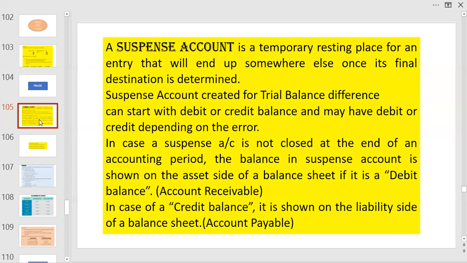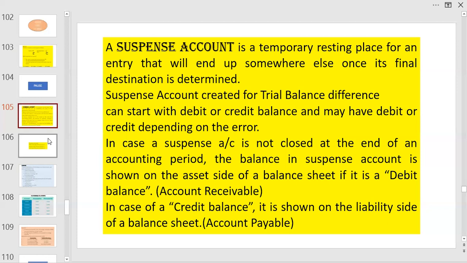Now, due to the prudence concept, they don't put this into either the income or expenditure account, because in that case it would get written off. Instead, till the correct details are found, they will leave it. If it is a debit balance, it is treated as accounts receivable and shown as a current asset. If the credit balance is more, it is shown as accounts payable and will be a current liability.